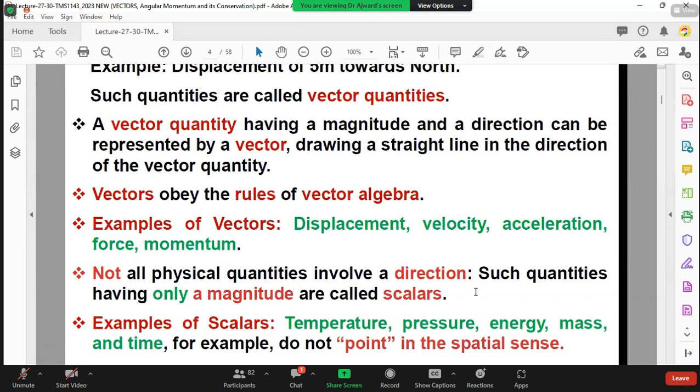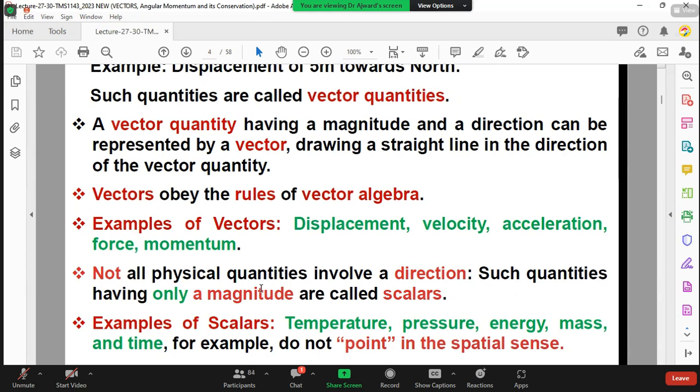Not all physical quantities have a direction. Such quantities having only a magnitude are called scalars. So as opposed to vectors, some physical quantities used in physics, like length, mass, time, have no direction, right?